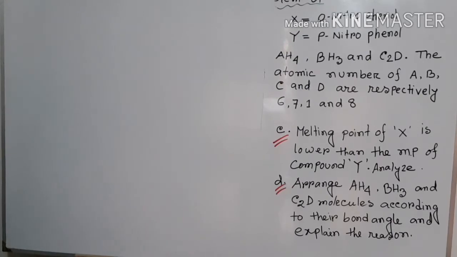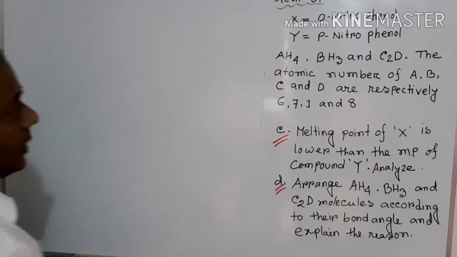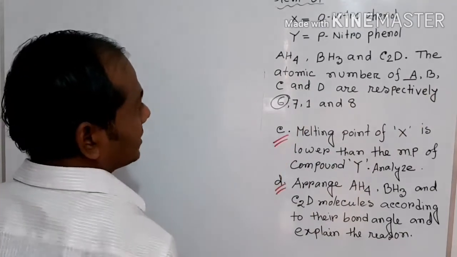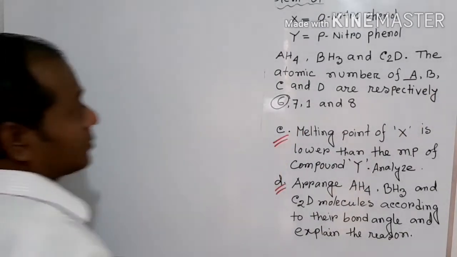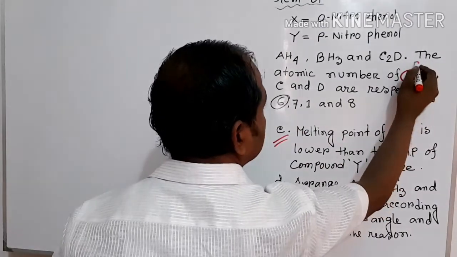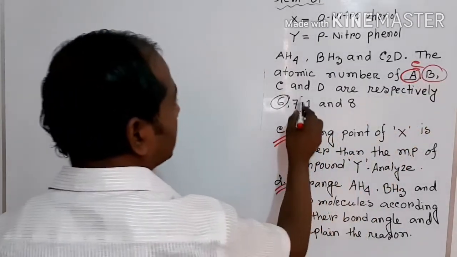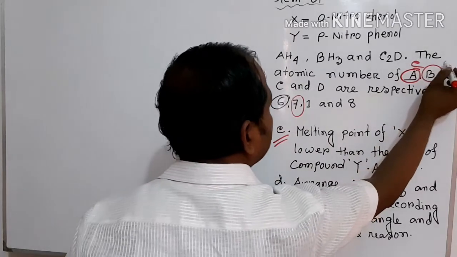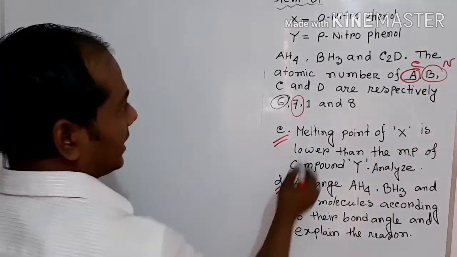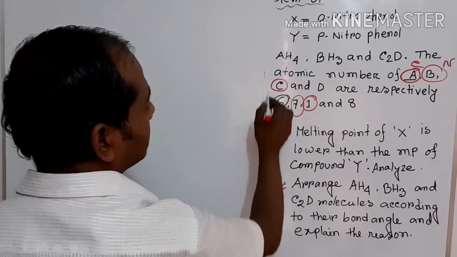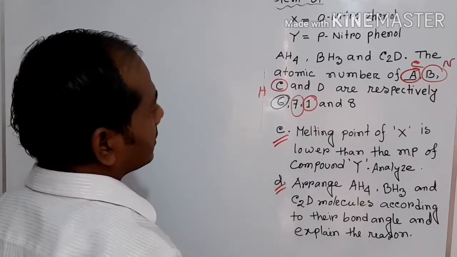What are the compounds? A, atomic number 6, means A is carbon. B, atomic number 7, so B is nitrogen. C, atomic number 1, so C is hydrogen.